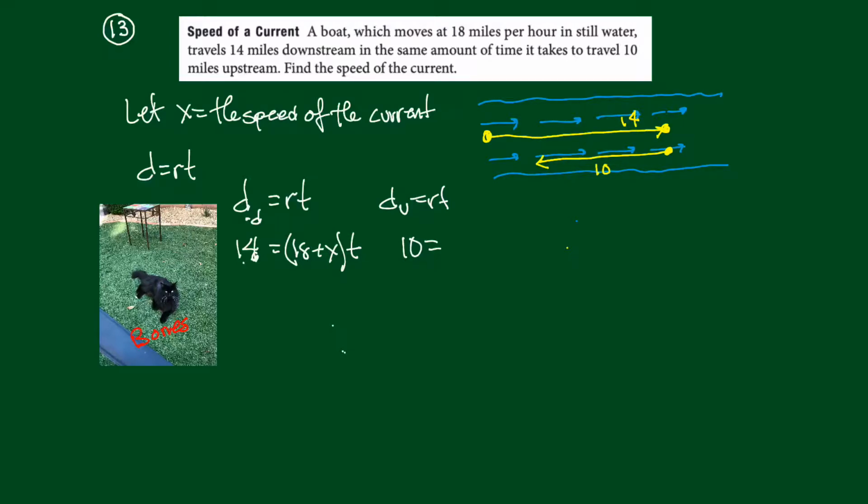Just for example, suppose in still water we can go 18 miles an hour, but the current is 1 mile an hour. So we're getting pushed back 1 mile an hour, so we're really going only 17 miles an hour. So in general, it's going to be 18 in still water minus the speed of the current, times the amount of time that we travel.